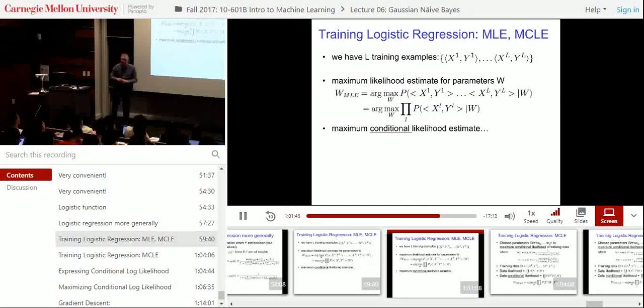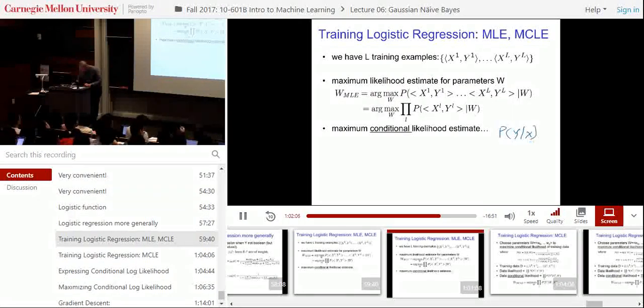But now actually when we train logistic regression, we do something a little bit different. Instead, we go for the maximum conditional likelihood estimate. That is, what we're really interested in, in the end, is P of y given x.